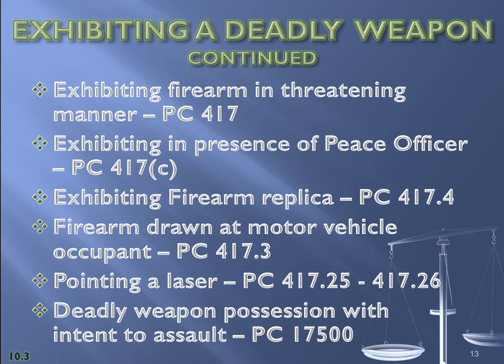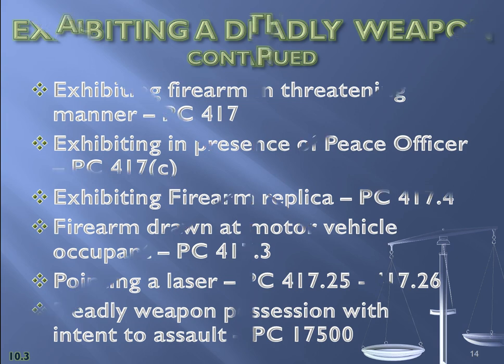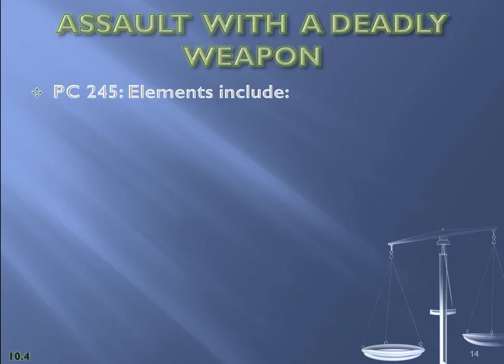It means any device with the apparent capability, it doesn't mean it has to, apparent capability, so you have to read the words, of expelling a projectile by force of air or explosion, and which is reasonably perceived by the victim as an actual firearm. Now this definition would include, of course, things like blank guns or starter pistols or maybe even BB guns. So it's that perception of the victim that kind of brings that section out.